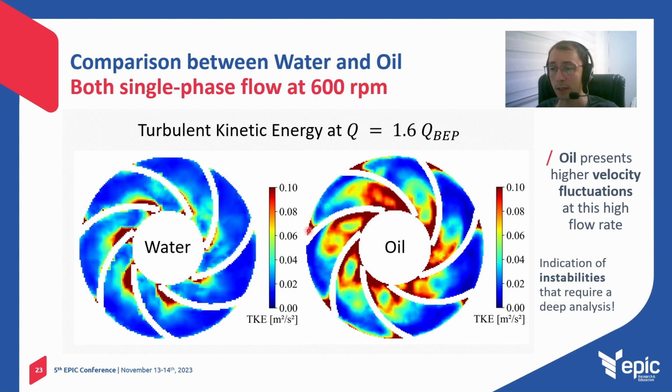We can see that oil presents a higher turbulence associated with higher velocity fluctuations, and this is an indication of instabilities or of larger structures inside the impeller which are being detected by the PIV measurements, and we are now working on this more deep analysis of these details using another data set from our PIV tests.